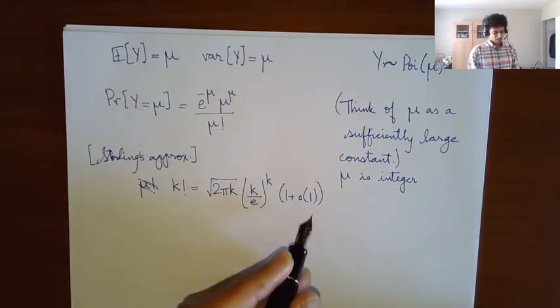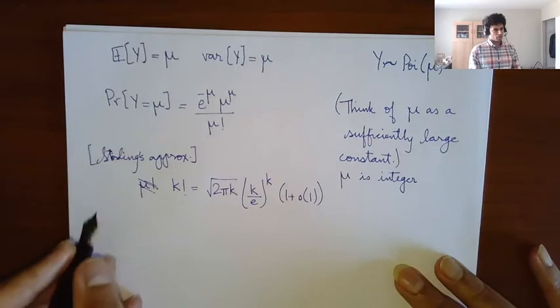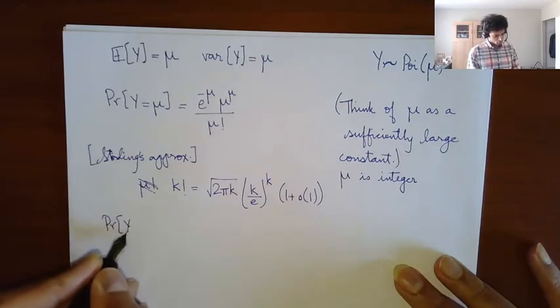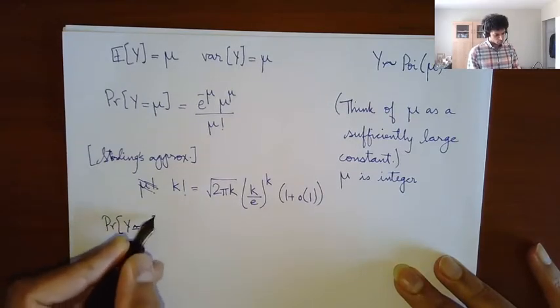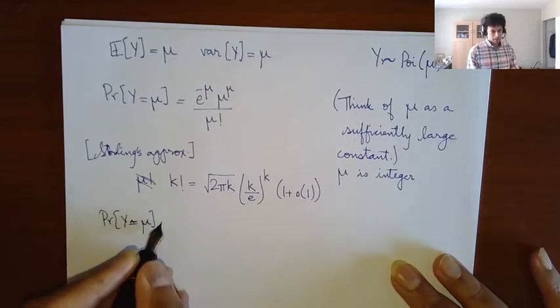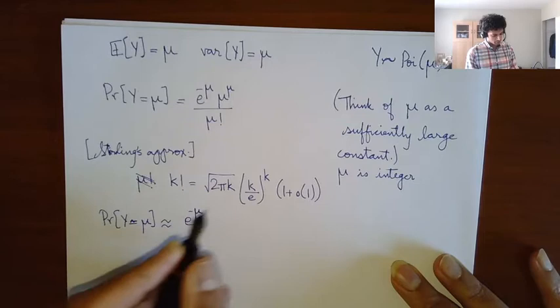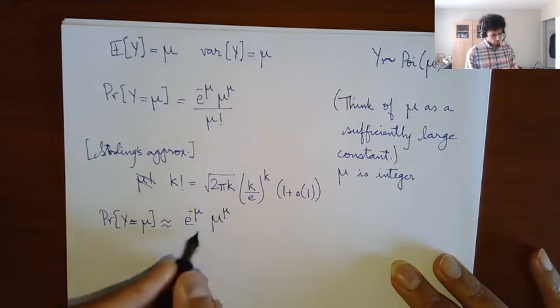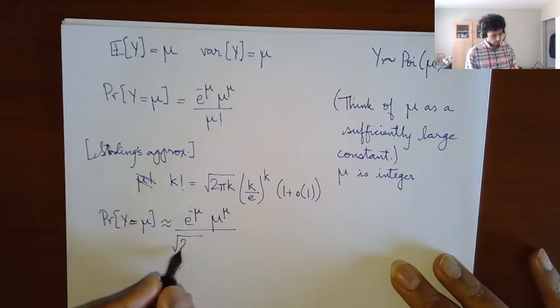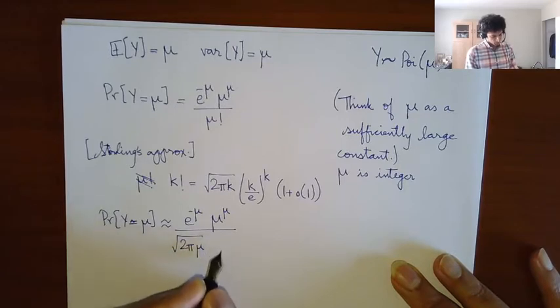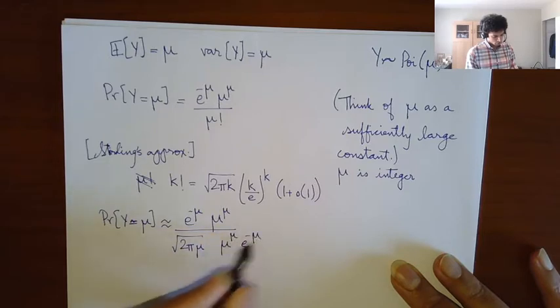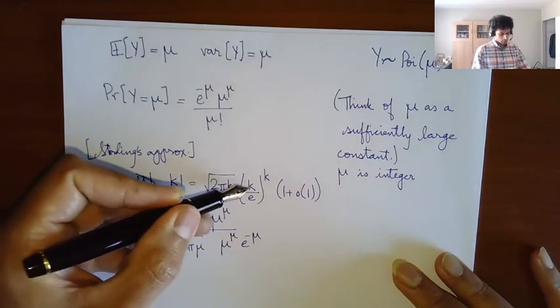I'm going to ignore the little o of 1 term. So what is the probability that y is exactly equal to the mean? This is going to be approximately e to the minus mu times mu to the mu divided by square root of 2 pi mu times mu to the mu e to the minus mu, right? Because this is mu to the mu e to the minus mu.